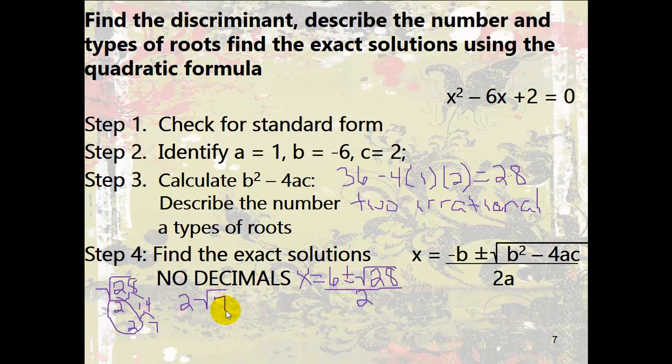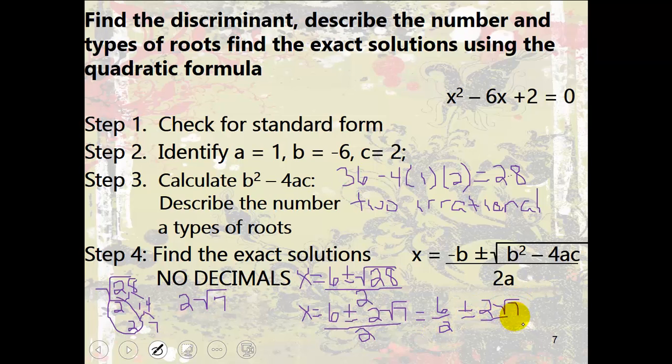So we get x is equal to 6 plus or minus 2 root 7 divided by 2. Okay, so this is the same as 6 over 2 plus or minus 2 root 7 over 2, and so I'm going to cancel.